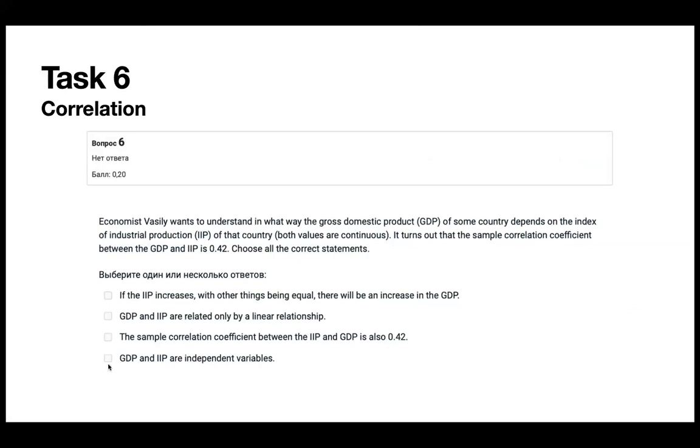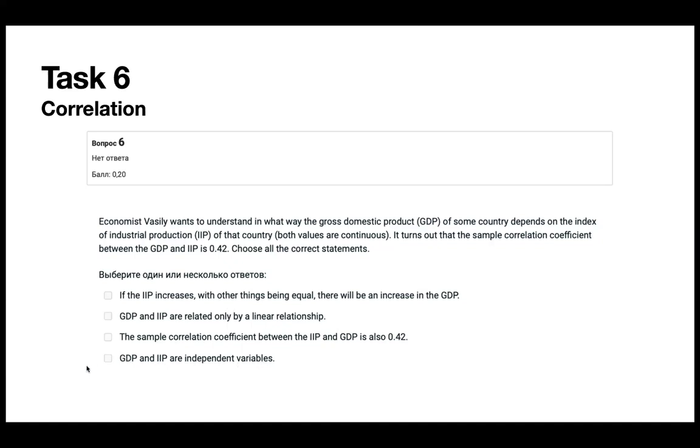Then we got that the sample correlation coefficient between the IIP and GDP is also 0.42, and that's basically the same as we got here. They just swapped GDP and IIP, and that doesn't change anything. So that's also a true statement. And the last statement, GDP and IIP are independent variables.